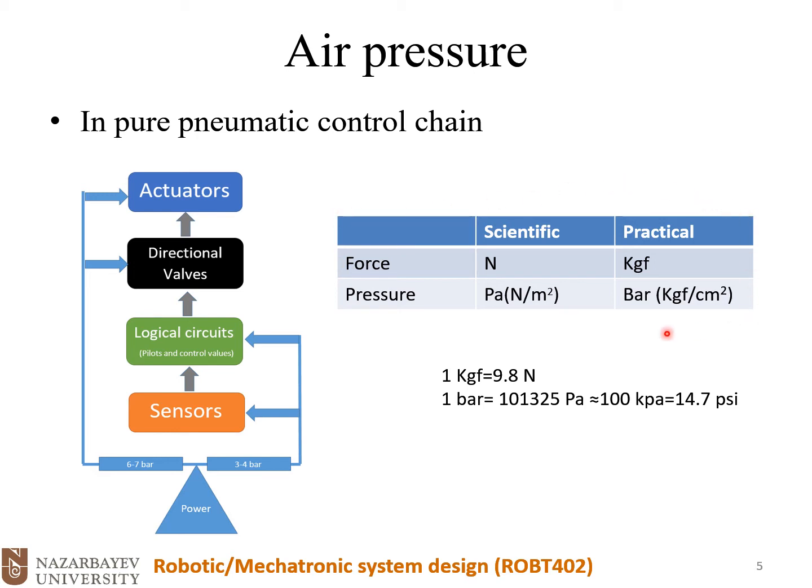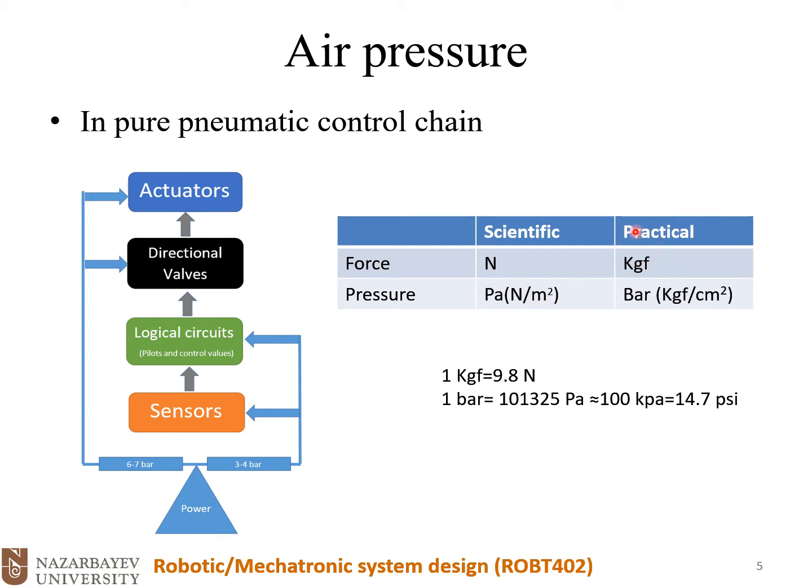Here in this table we have units for force and pressure. The scientific unit for force, the SI unit, is Newton, and for pressure it is Pascal, which is Newton per square meter.